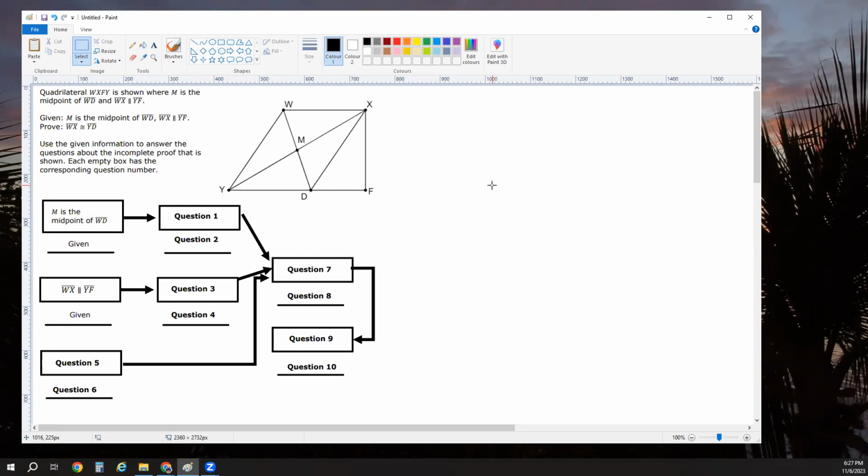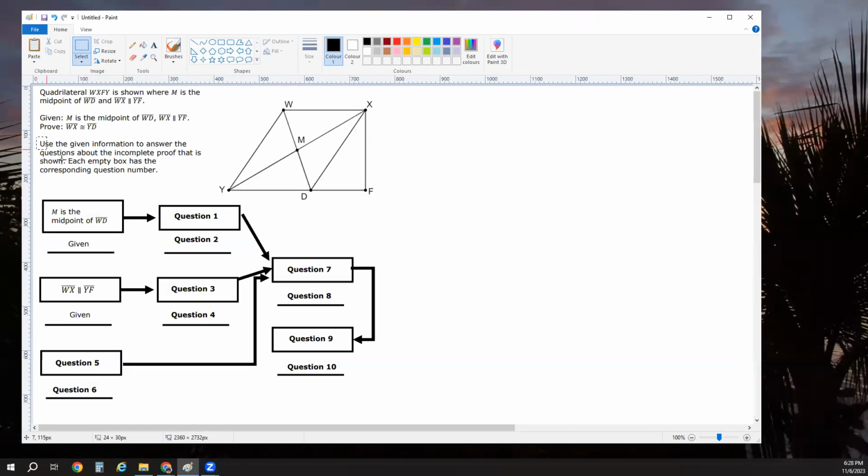It is the flowchart proof format, and of course we have a quadrilateral called WXFY, and it tells us that M is the midpoint of WD, and it tells us that WX and YF are parallel. It repeats itself right here, and then given the information, answer the questions on the second page.